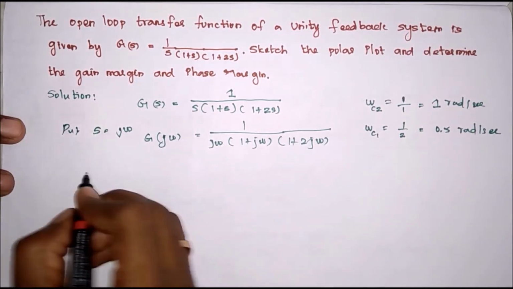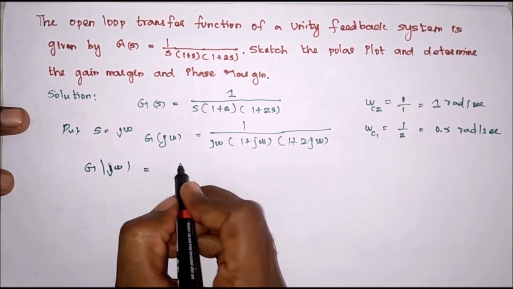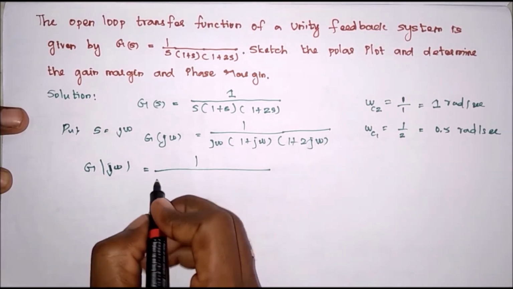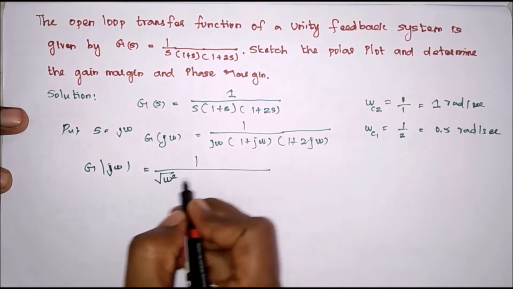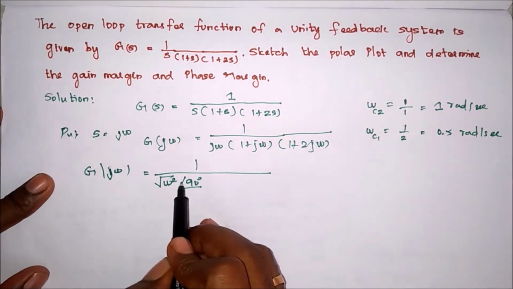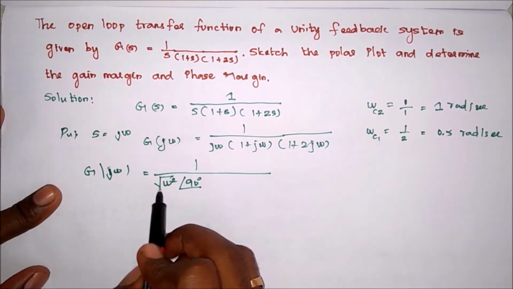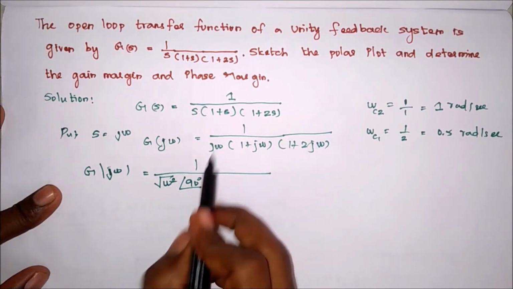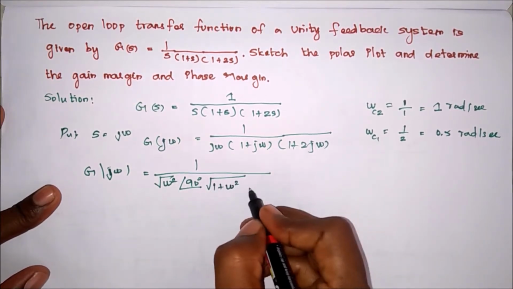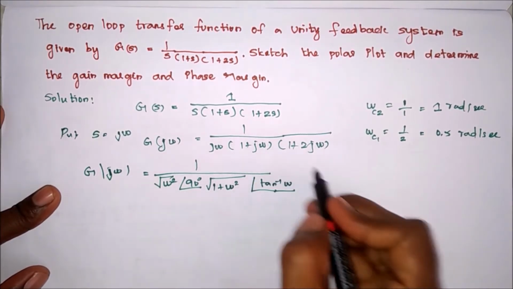Now we have to find the angle and magnitude for each term. For the first term, the magnitude is the square root of ω², which is ω, and the angle for jω is 90 degrees. For the second term, the magnitude is the square root of 1 plus ω², and the angle equals tan inverse of ω, which means imaginary part divided by real part.